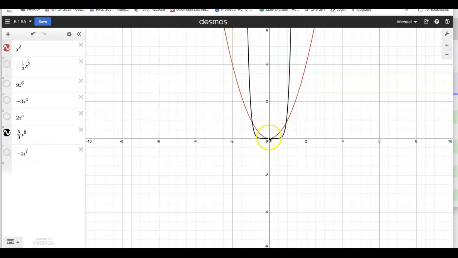As x gets infinitely large, this thing's going to go up to infinity, albeit it seems like it's going a lot faster than x squared. But you can see all three of these have the same end behavior. The last one was negative 4x to the 7th, which again is going to look sort of like 2x to the 5th, only reflected. Okay.